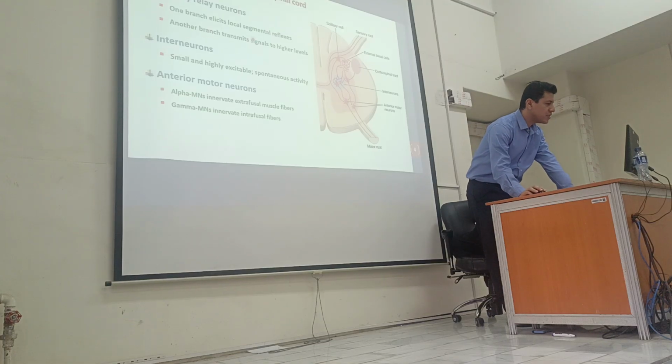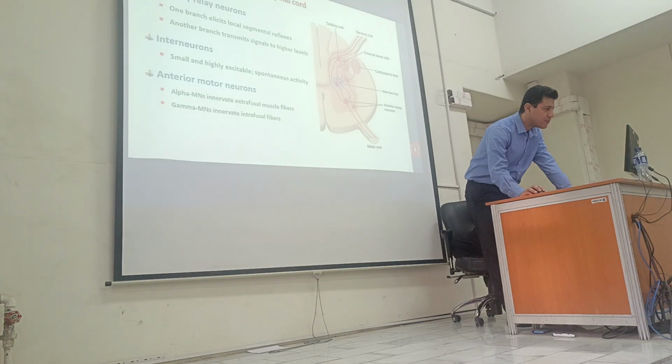Segmental organization is like this. In the gray matter of the spinal cord, we have dorsal horn, ventral horn, and intermediate zone, right? Dorsal horn is sensory, ventral horn is motor. In the sensory part, we have neurons that go to the opposite side and go up. We have seen this for pain and for temperature, right?